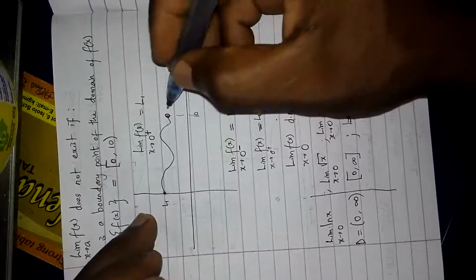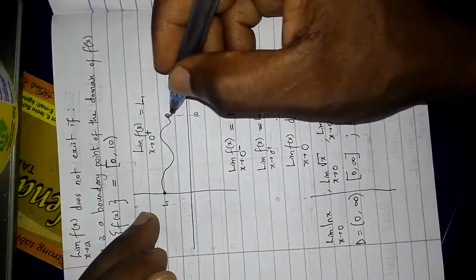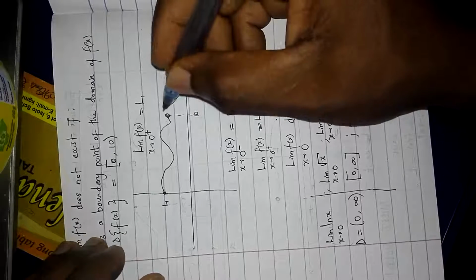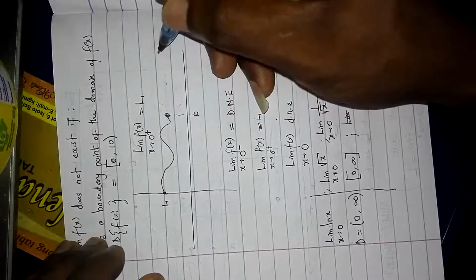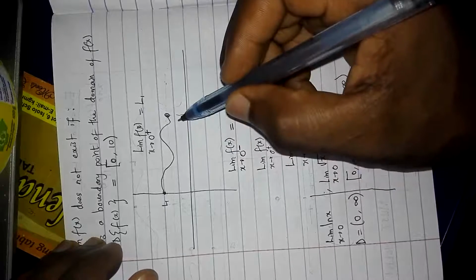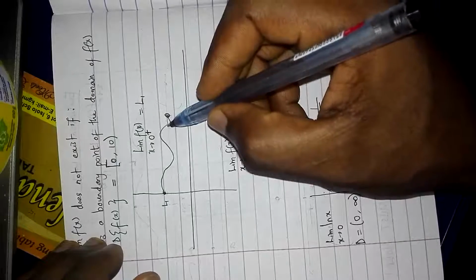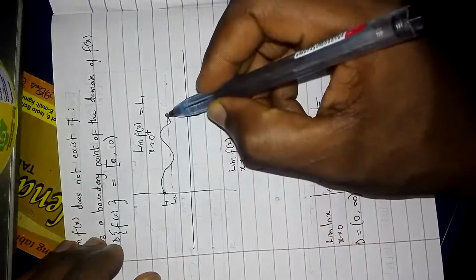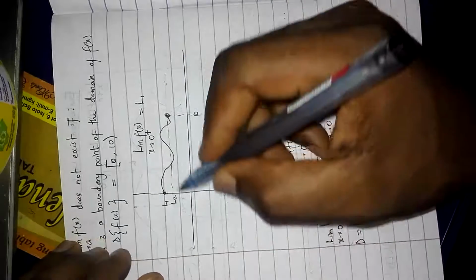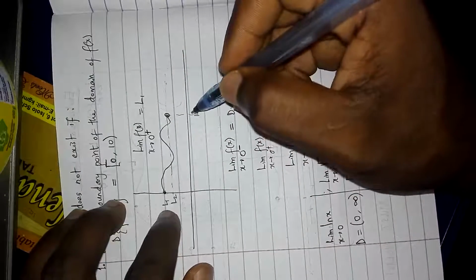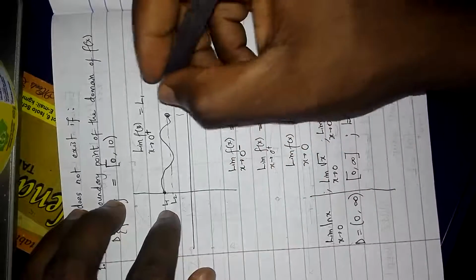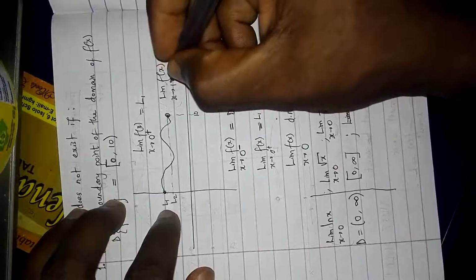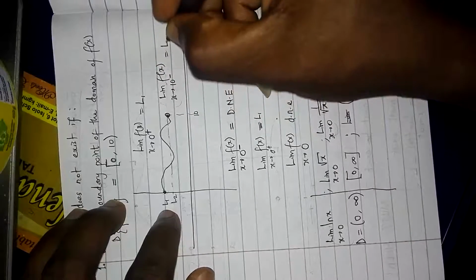In the same vein, for the point 10, the limit as x approaches 10 from above does not exist, because the function is undefined for anything greater than 10, but the limit as x approaches 10 from below exists, and that will be equal to L2, say. So if this height is L2, the limit of f of x as x approaches 10 from below is equal to L2.